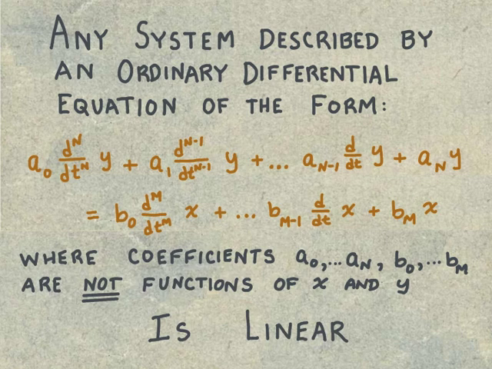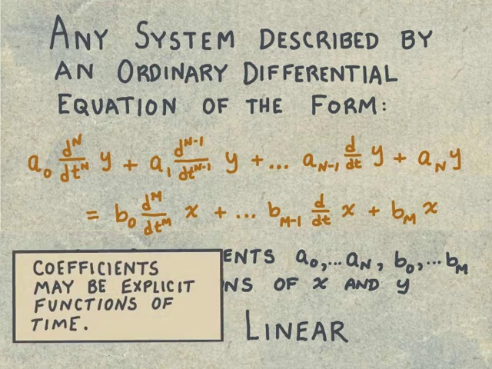Like on the left-hand side, these are summed together, and that's important. If the terms are not summed together, then the equation is not a linear system. Now it's important to point out that while the coefficients cannot be functions of the signals x or y, they may be functions of time.